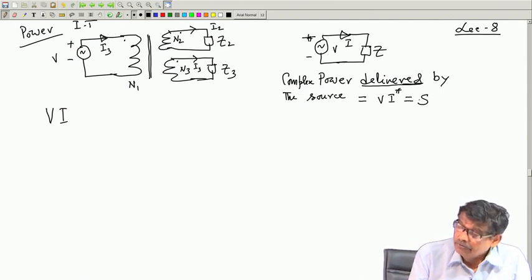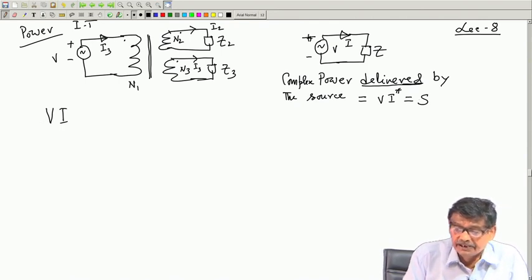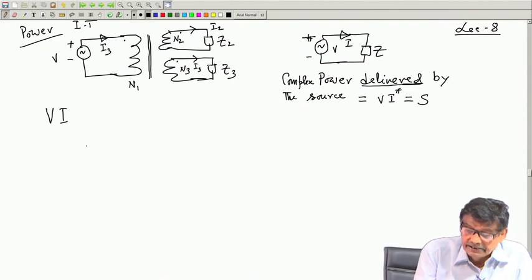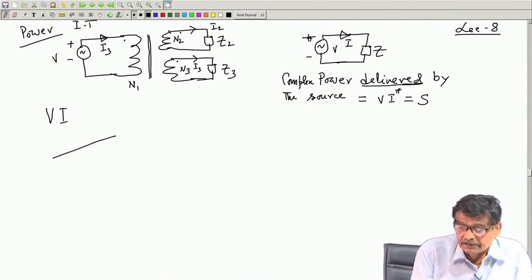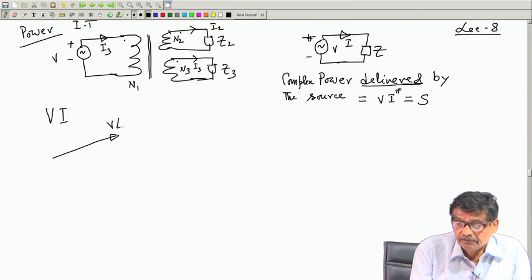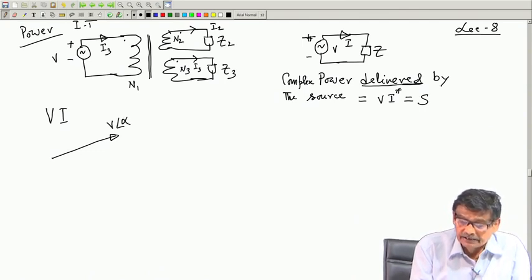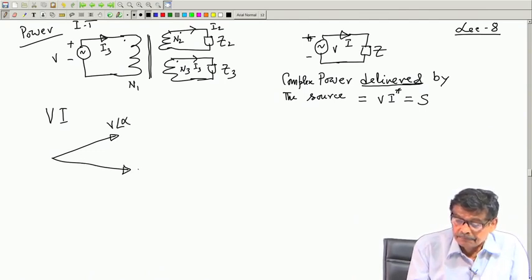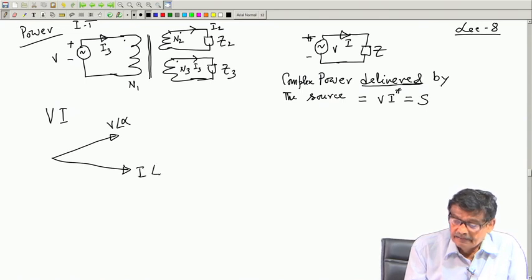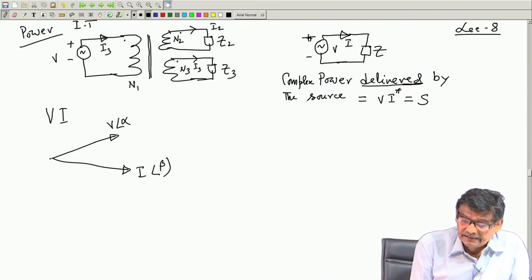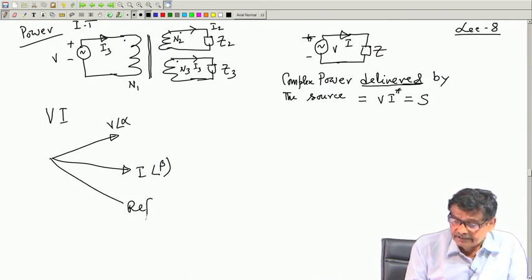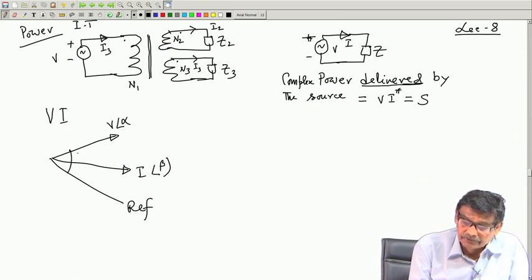But don't just multiply V I and take the real part. It is simply because in general the voltage phasor could be V angle alpha and the current phasor could be I angle beta, and there is the reference phasor. So this angle is alpha, suppose this angle is beta.